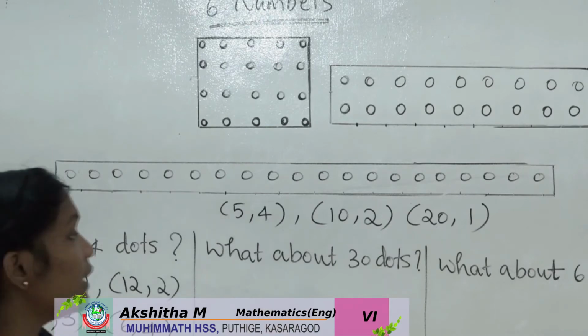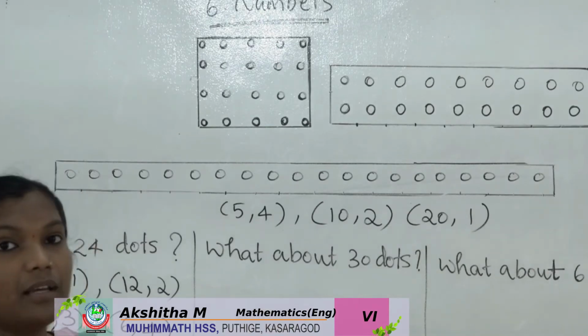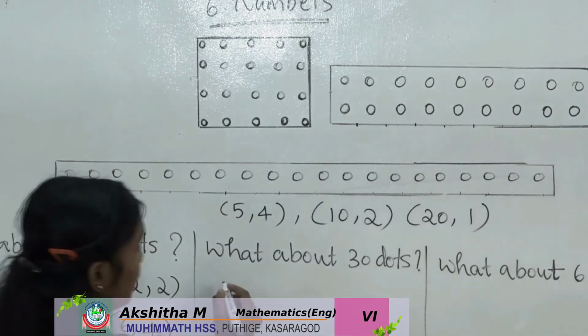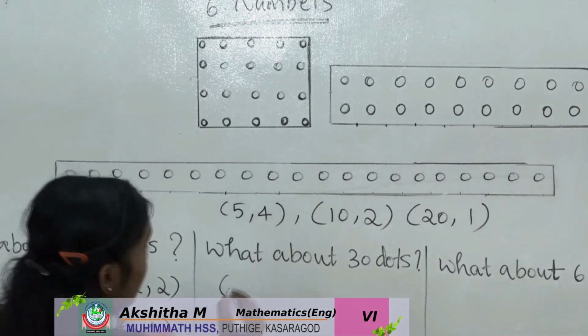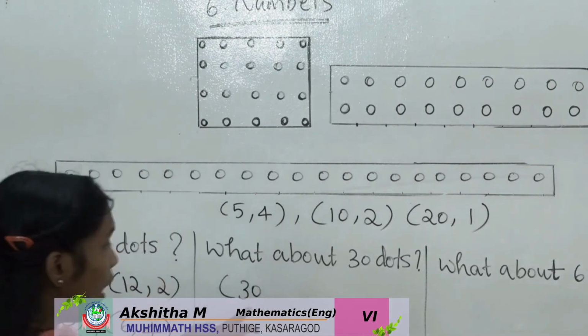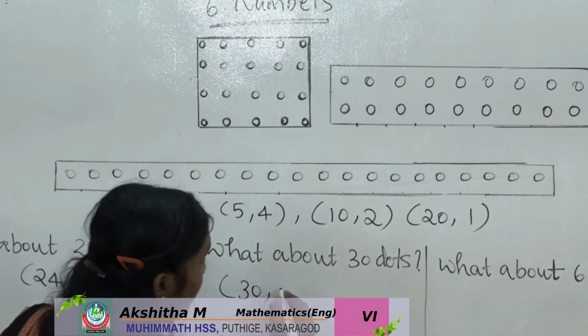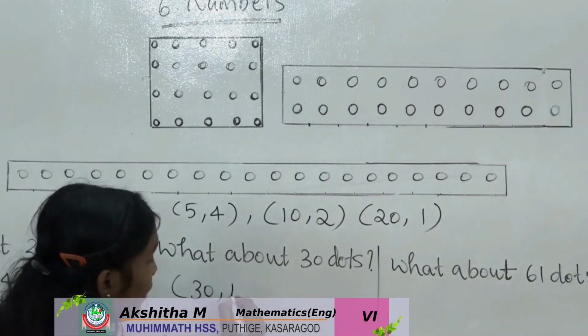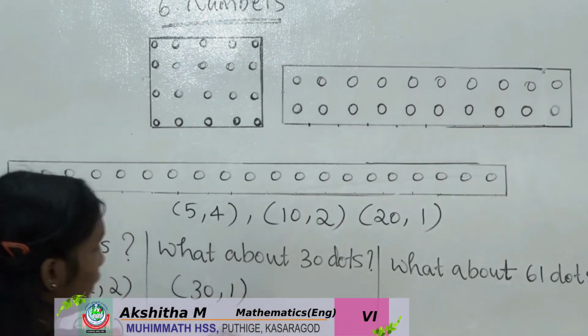What about 30 dots? How can we make them? 30 dots wide and 1 dot high.